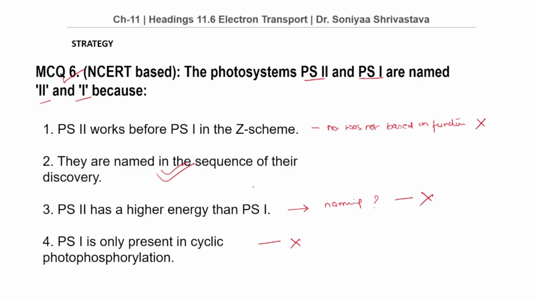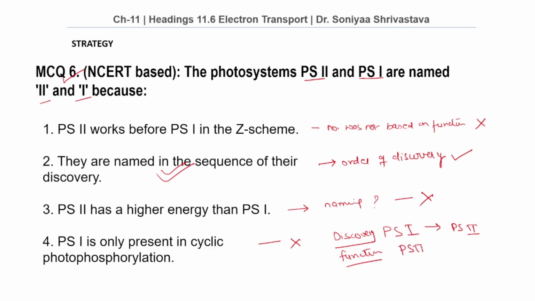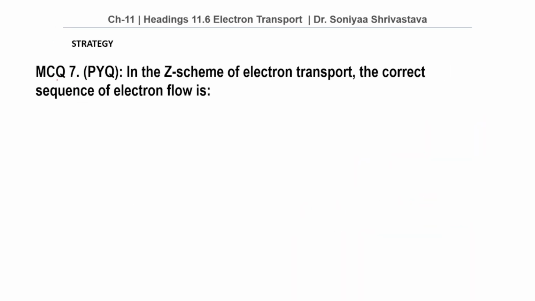Photosystem II functions before Photosystem I, but the names were assigned according to the order of discovery. So this is our correct option. Here is a quick memory tip. PS1 was discovered first and then PS2, but in function in photosynthesis, PS2 works before PS1.